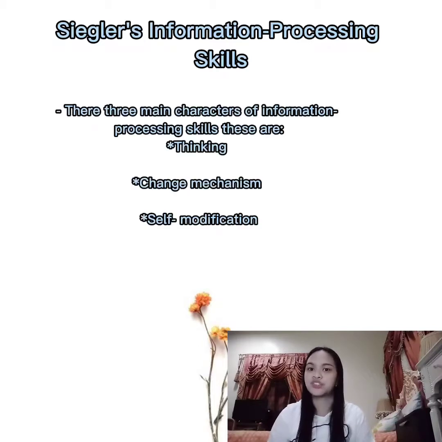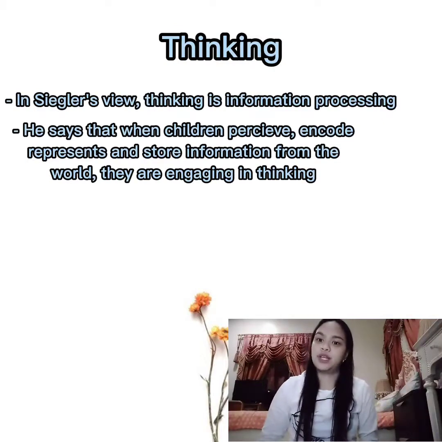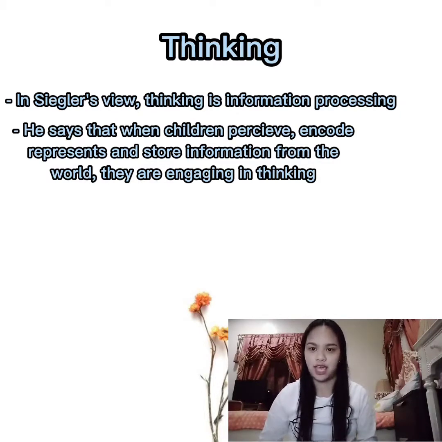He also described that there are three main characteristics of information processing skill. There are thinking, change mechanism, and self-modification. So, the first characteristic of information processing theory or skills according to Siegler is thinking.